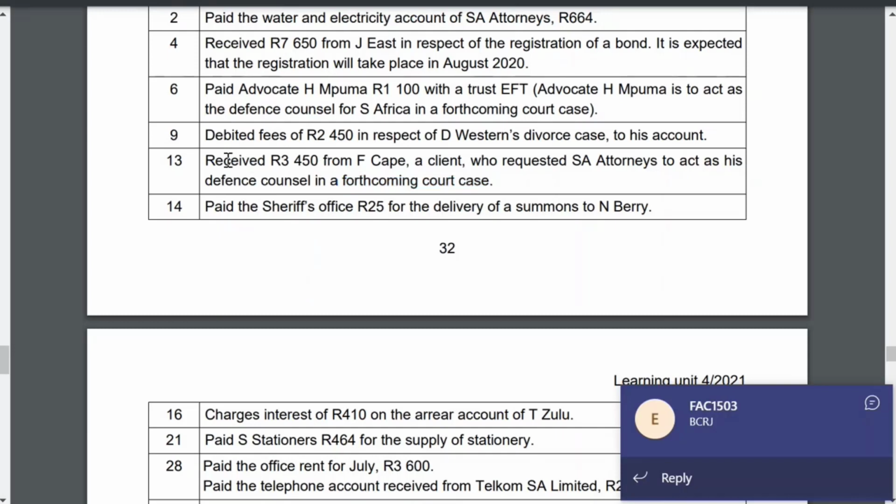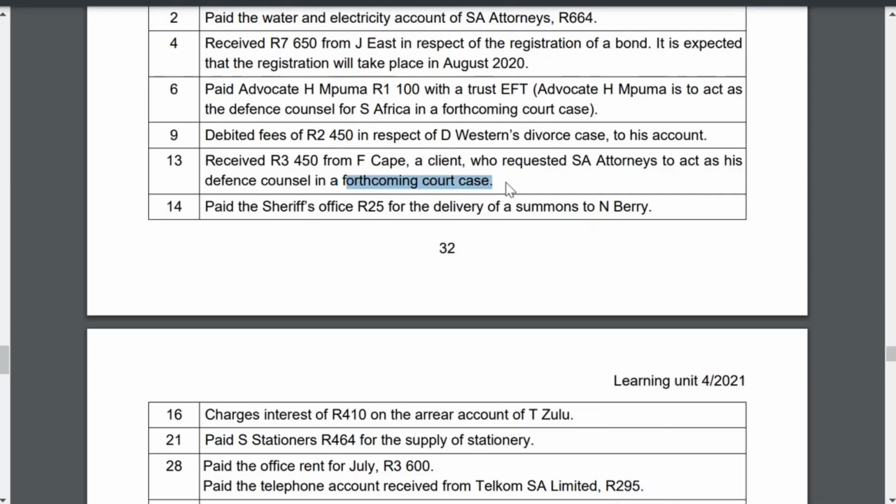Guys, because this money is received from a client for a forthcoming court case, meaning SA attorneys hasn't performed the work as yet.